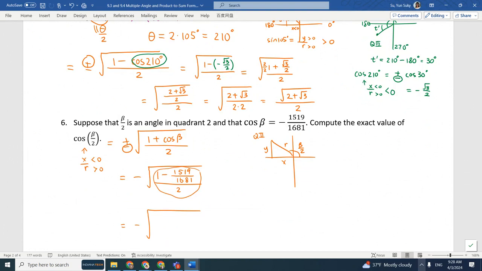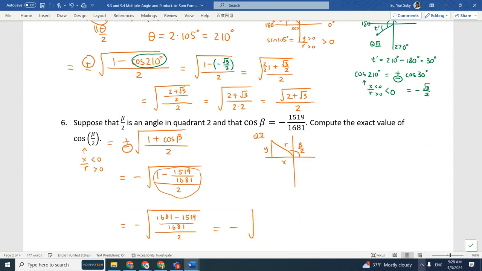So you know that here over 2, and then here the denominator 1681, and then here is 1681 minus 1519. Is that okay when we take the common denominator? The 1 you multiply by the same thing on top and bottom.